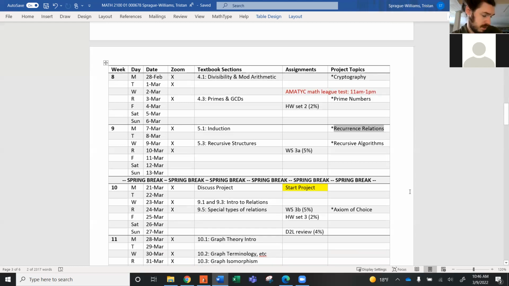Recurrence relations. So when it comes to recursively defined sequences, like the Fibonacci sequence, like I was talking about earlier, I mentioned that there is a closed formula for the Fibonacci sequence.